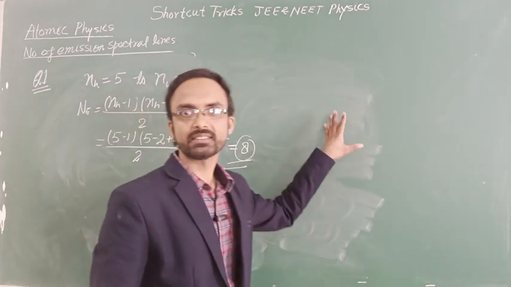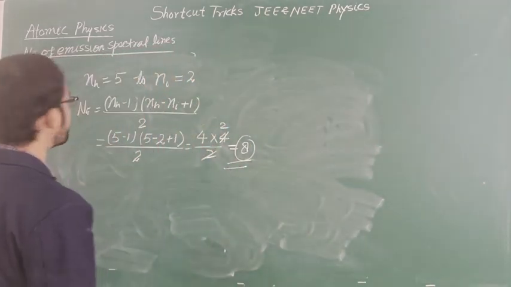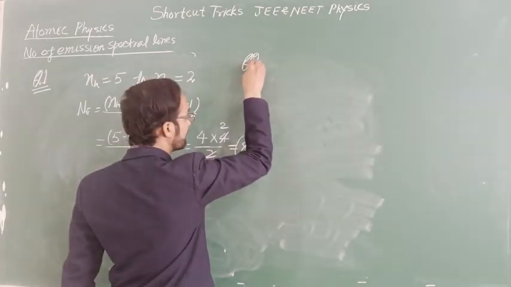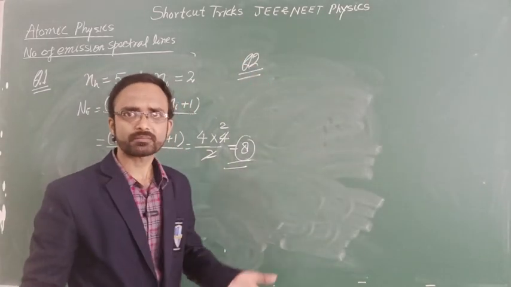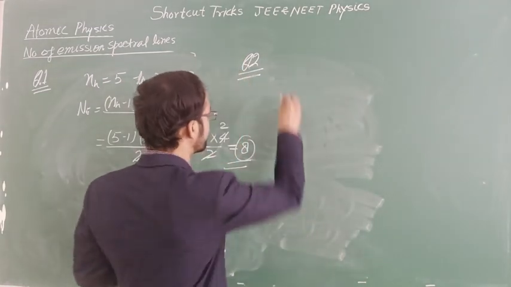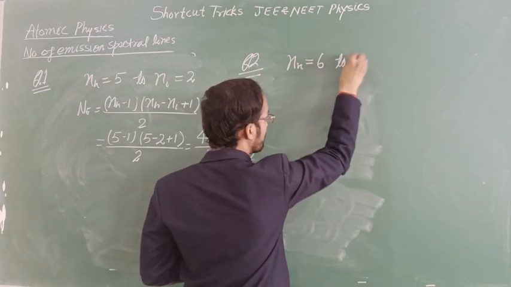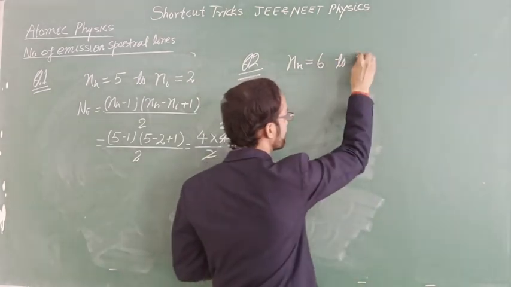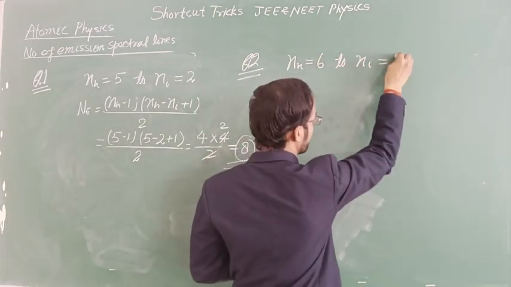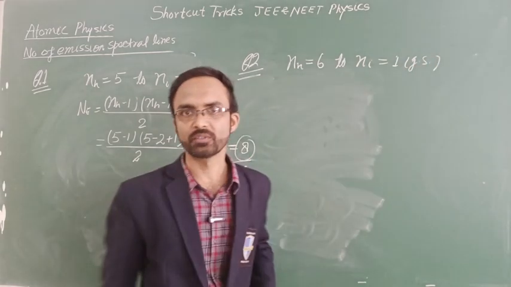If we draw this by the diagram, it will take more time. Okay. Now the next question will be like this. Suppose electrons fall from higher state nH equals to 6 to ground state, right? ni equals to 1. This is the ground state. In this case, the second formula we can apply.